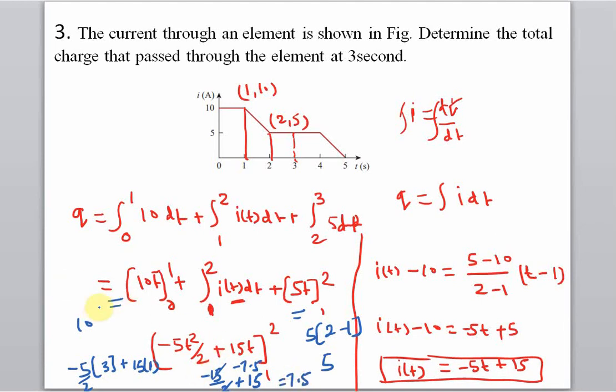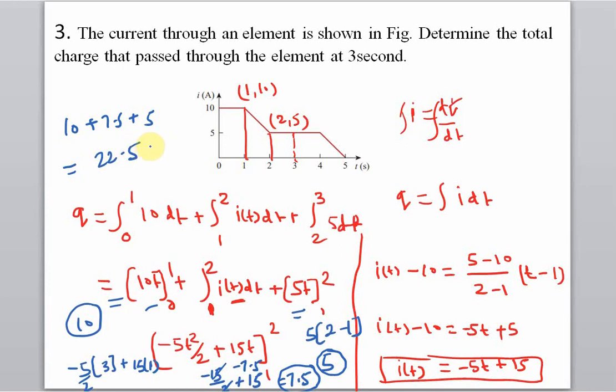So we have 10 from the first, 7.5 from the second, and 5 from the third. If we add, we have 10 plus 7.5 plus 5, so we got 22.5 coulomb.